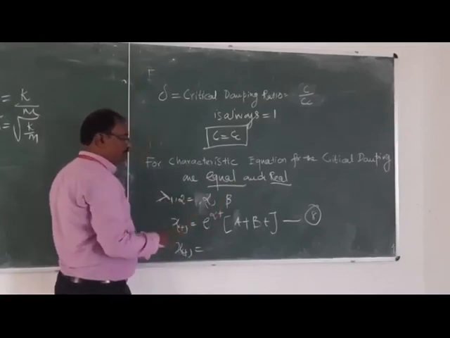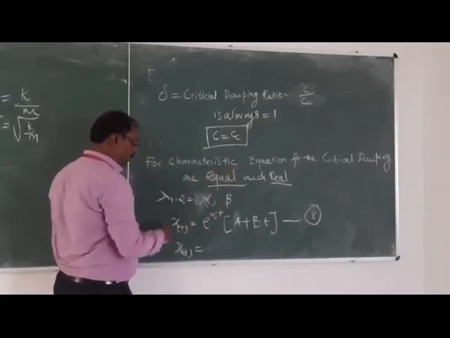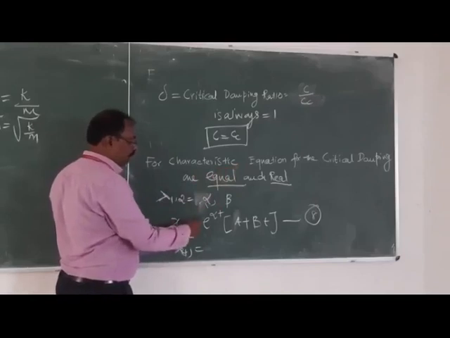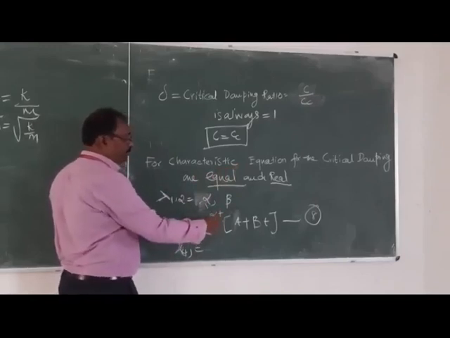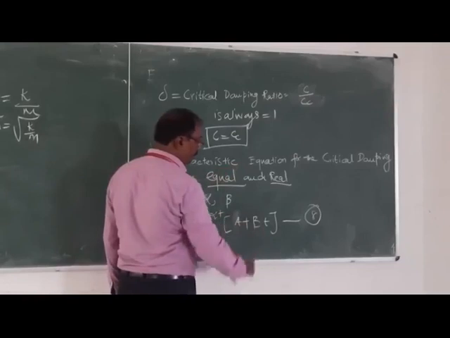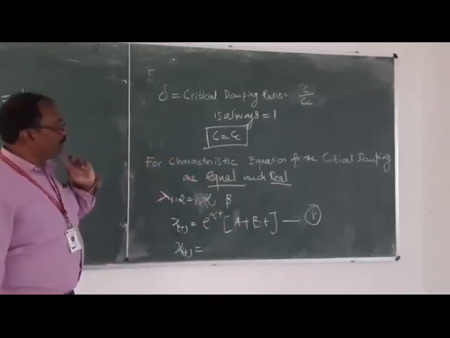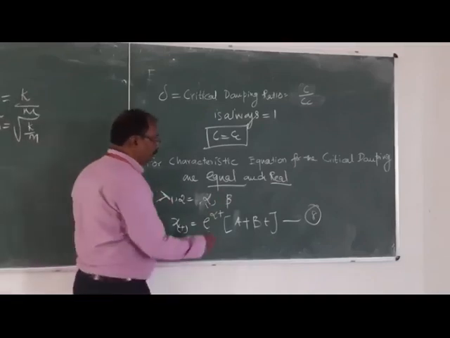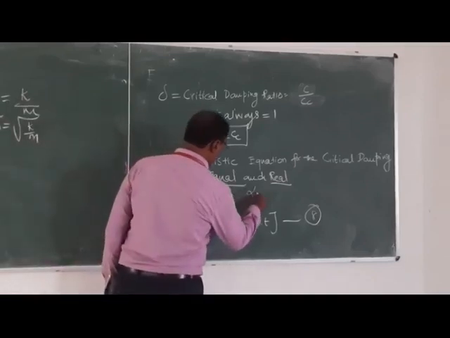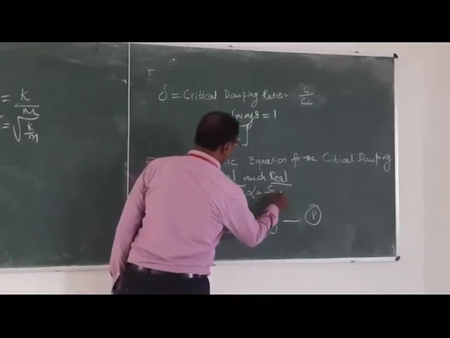The equation for equal and real roots is x of t equal to e to the alpha t, within the bracket A plus beta t. This is equation A. We will apply the value of alpha as c by 2m.